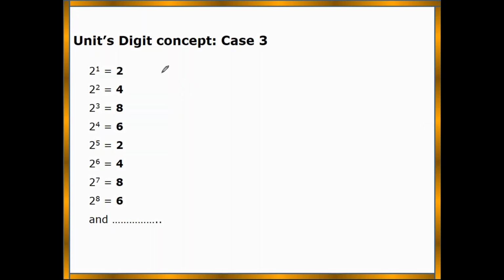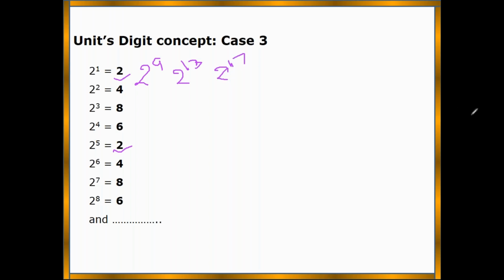For example, 2 power 1, what is the value? 2. 2 power 5, what is the value? 2. 2 power 9 is also 2. 2 power 13 is also 2. 2 power 17 is also 2.